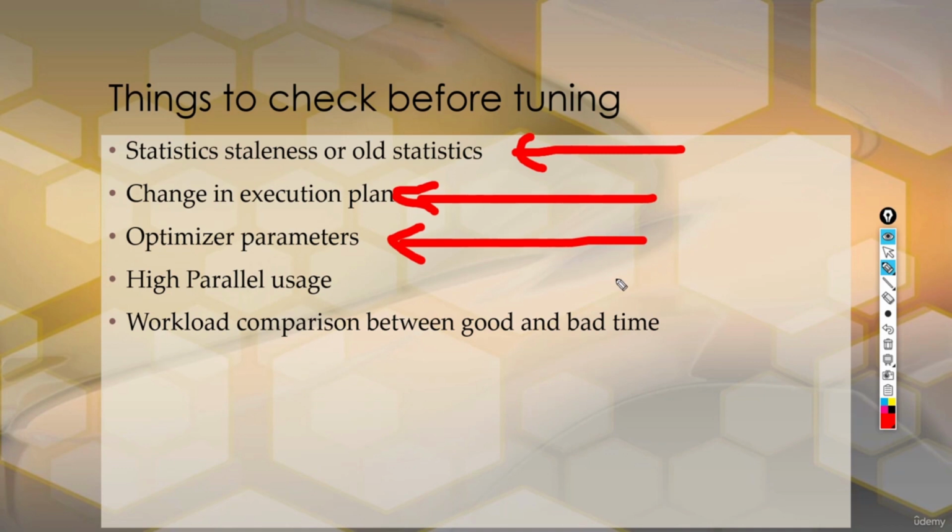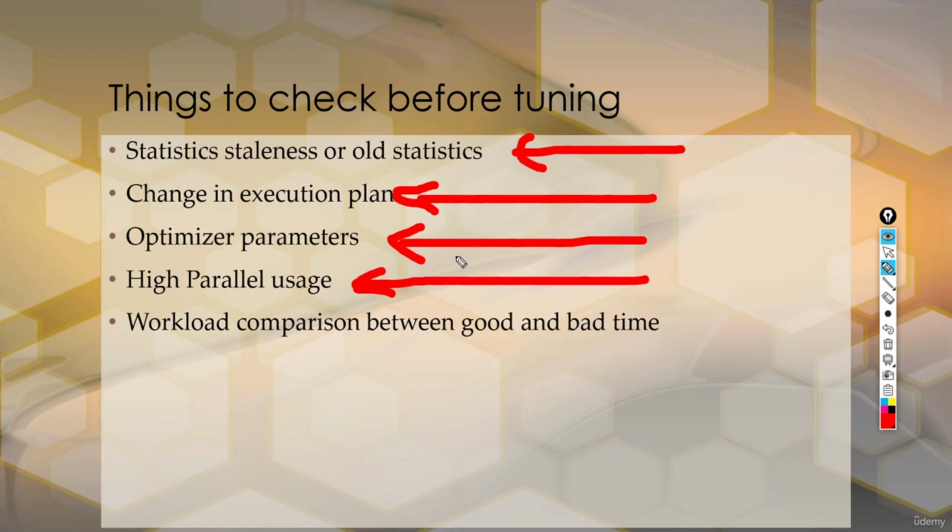We can also check the parallel usage by a SQL. This may not be an ideal case, but in some scenarios, if there is a full table scan, that full table scan is related to a parallel table scan as well.